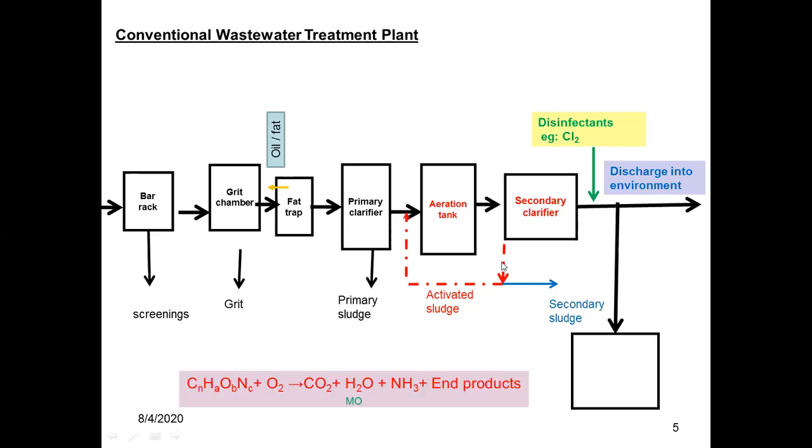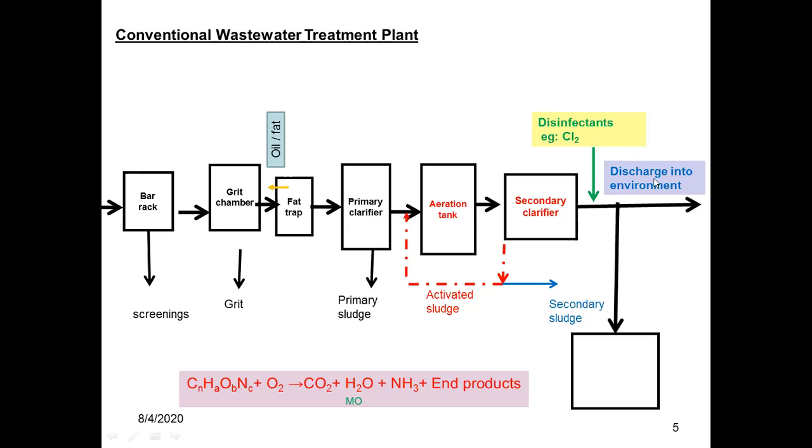Then the sludge comes out, and part of the sludge has to be recycled back to the aeration tank, because it consists of microorganisms. So it is useless to dispose of this activated sludge. The rest of the water we can release into the environment depending on the nutrient condition.